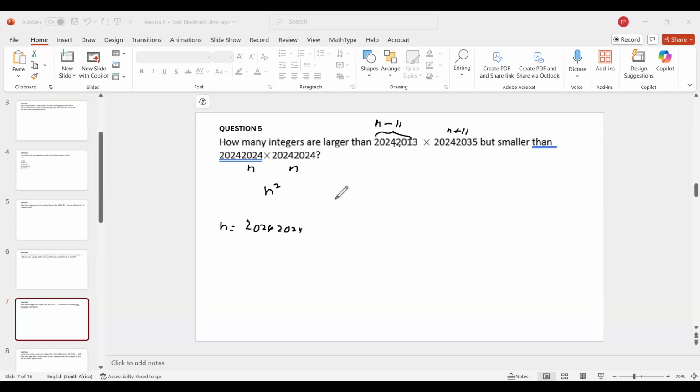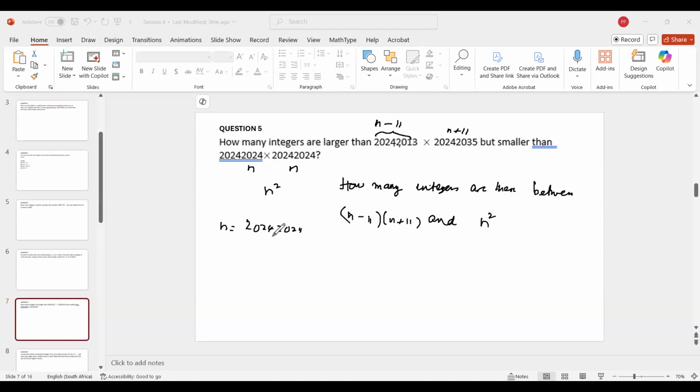The question is how many integers are there between n minus 11 and n plus 11, with n squared.